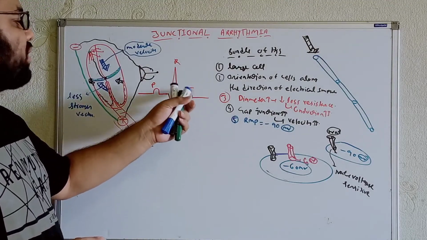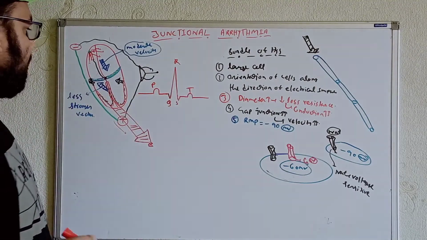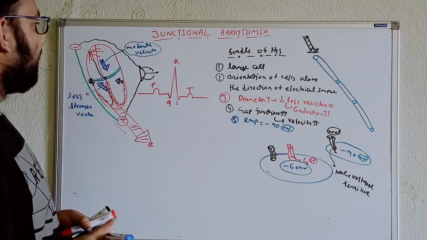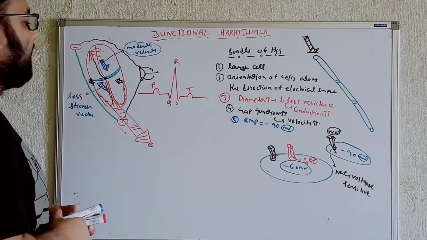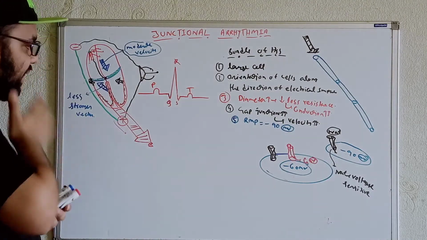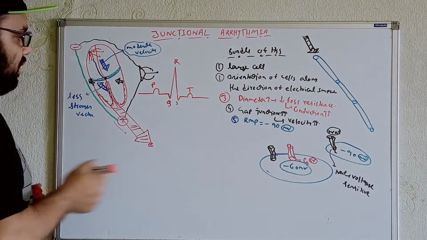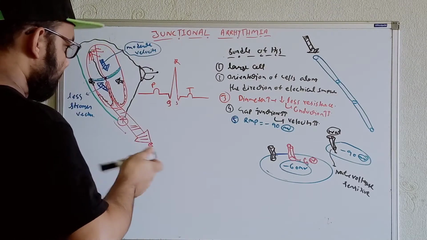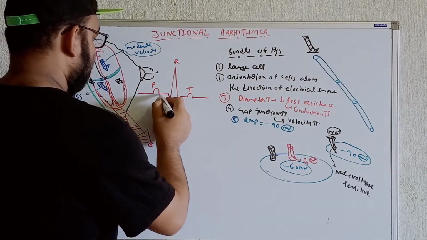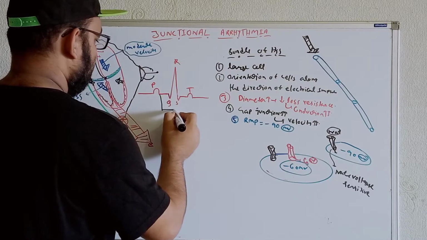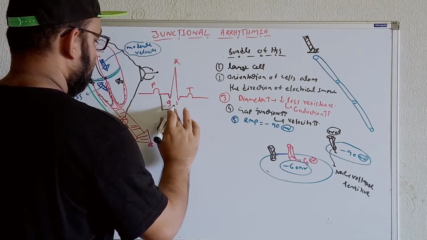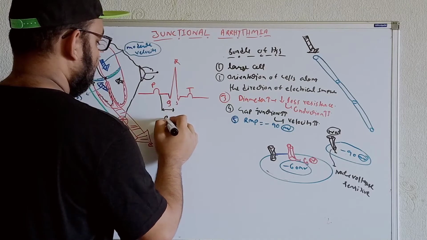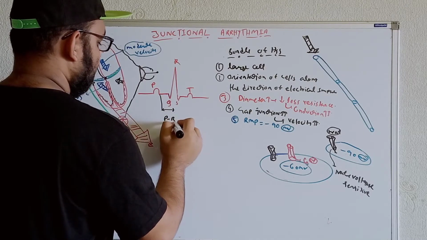Okay. Now we'll talk about the AV nodal arrhythmia, or the junctional arrhythmia. Now try to understand from here. Let's draw this part with a different color. From here to here, we got a line that is known as the PR segment.